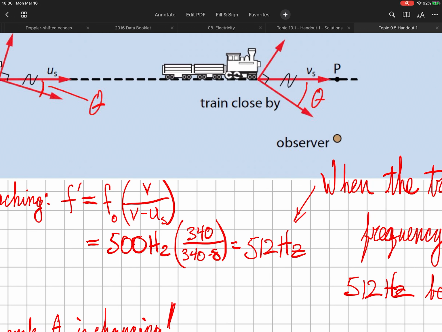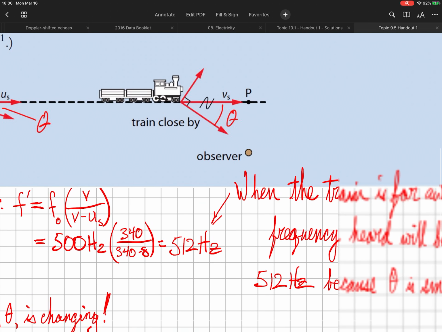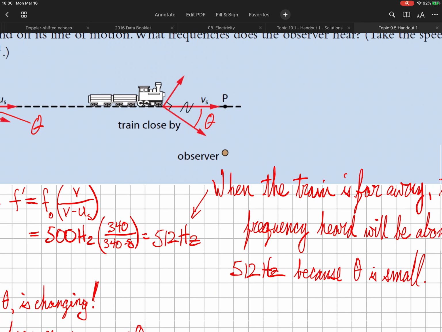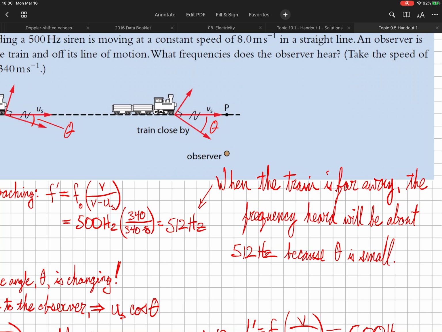Okay, so as long as we assume that that angle is very small, we can just plug in our velocities and it's pretty straightforward. Okay, and when we do that, we're going to find that as the train is approaching, its frequency is shifted. We have a higher frequency, 512 hertz, as we would expect.